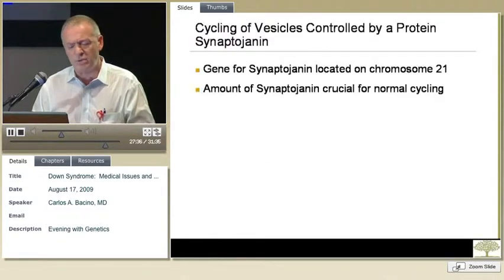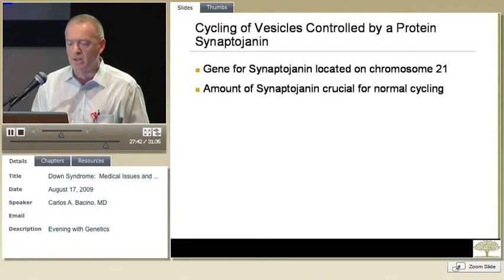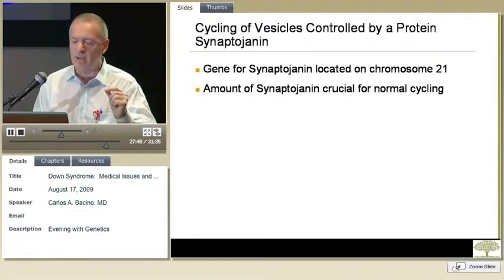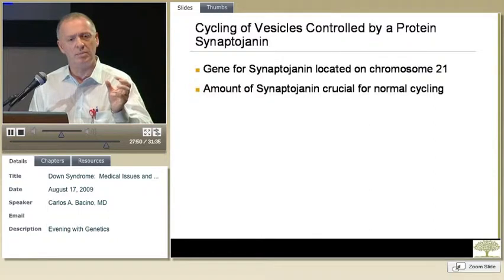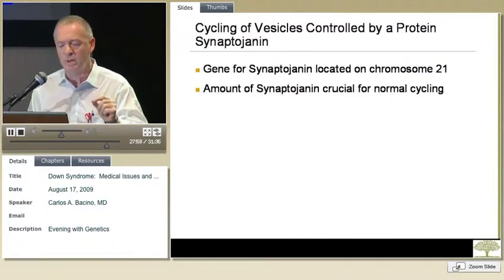So, just to give you an example, there is a protein called synaptojanin, an enzyme, a biochemical compound that is on chromosome 21. So the instructions for this particular element are located in chromosome 21.